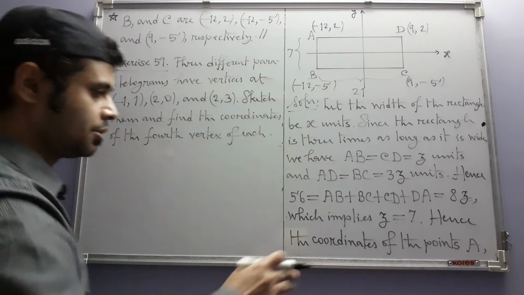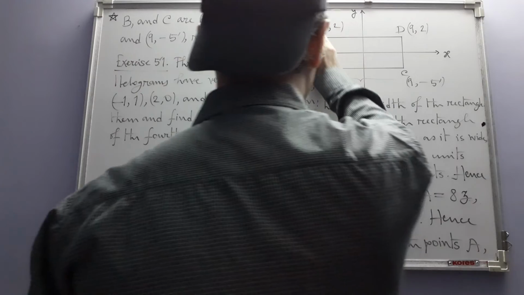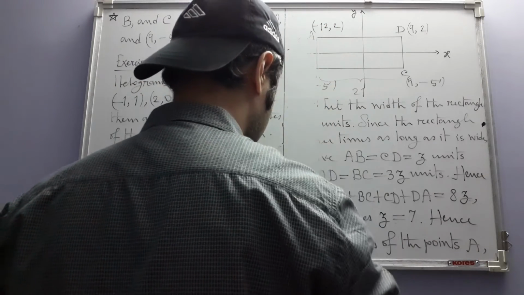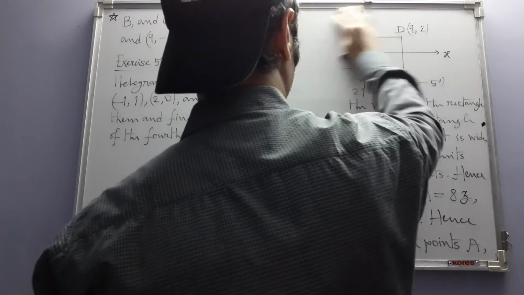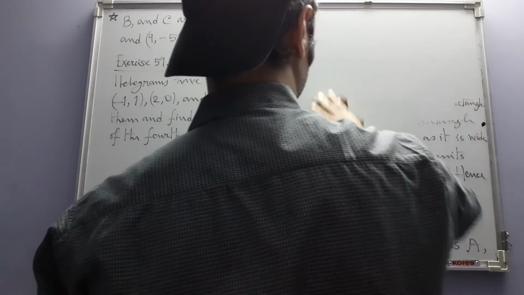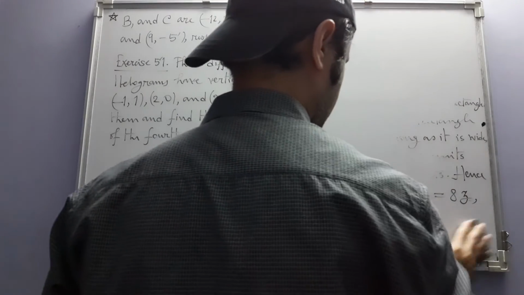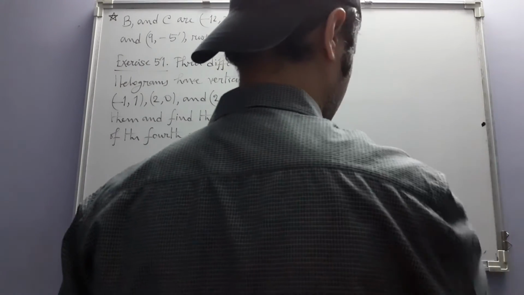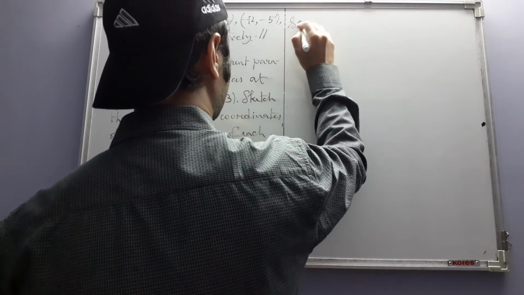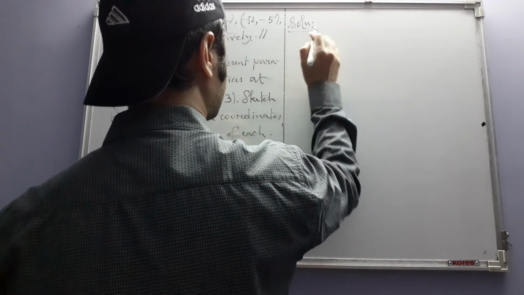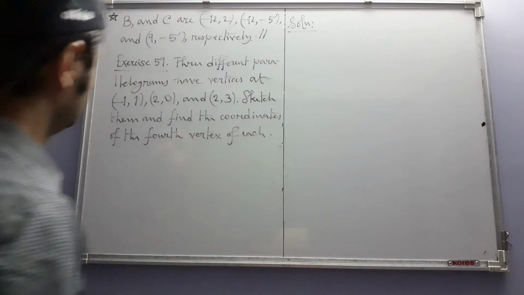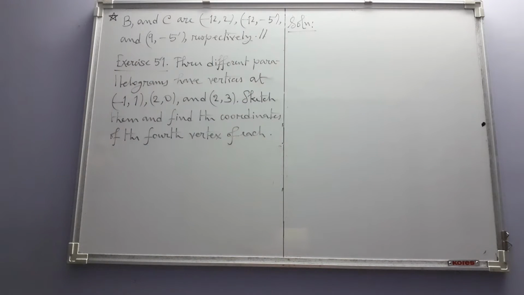I think it's better to draw the figure here. -1, 1, 2, 0 and 2, 3.